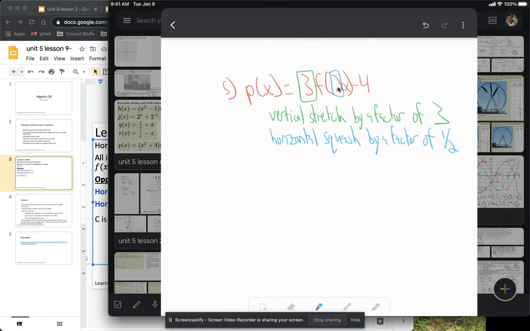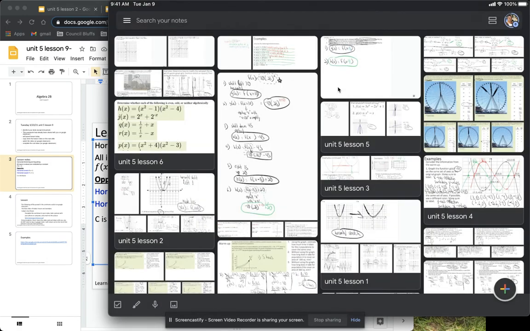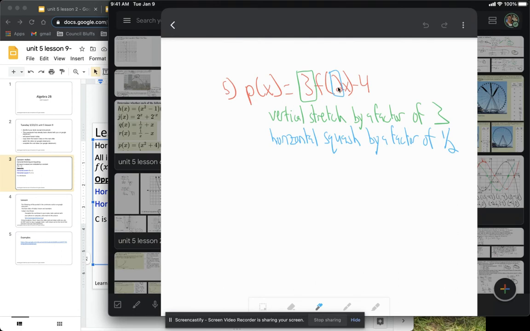So this is a horizontal squash by a factor of 1/2. So that is the second one. The third one that we're going to look at is the minus 4.